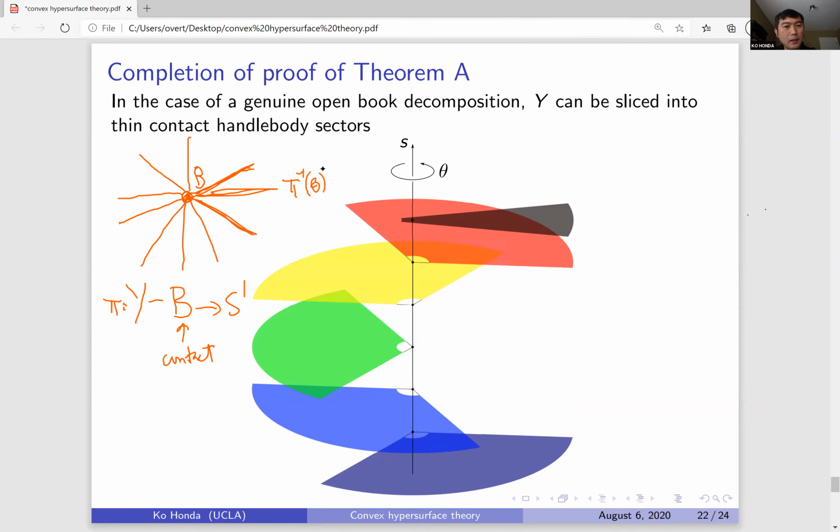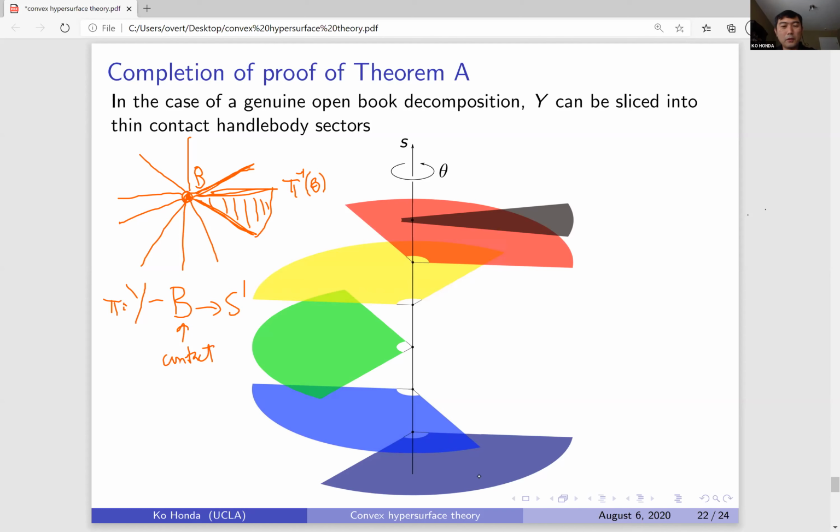Another observation is that if you take these little sectors, they're contact handle bodies, and so you can apply this procedure. The picture shows you a bunch of contact handle bodies in different colors, stacked in time.